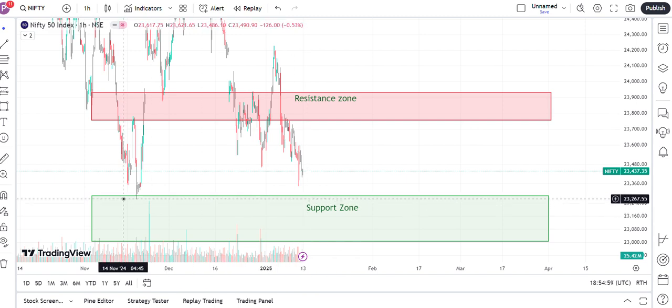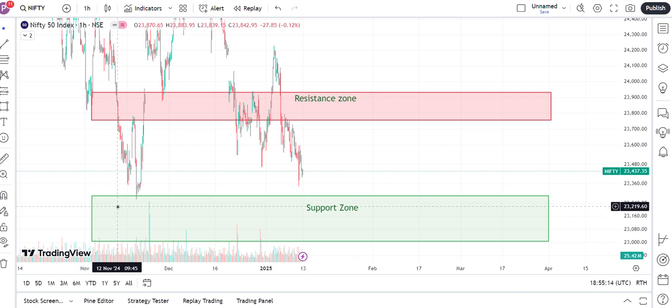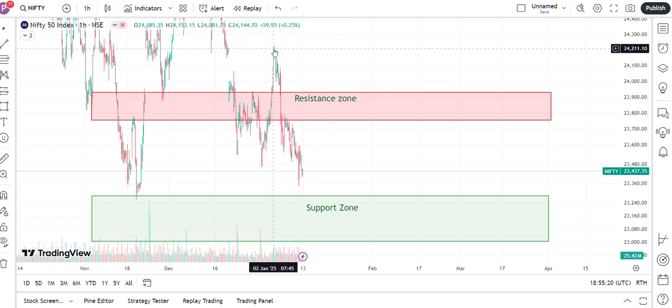From there onwards, we may get some support for Nifty. So a support zone has been drawn here, and I am expecting the 23,200 level may act as a support region.